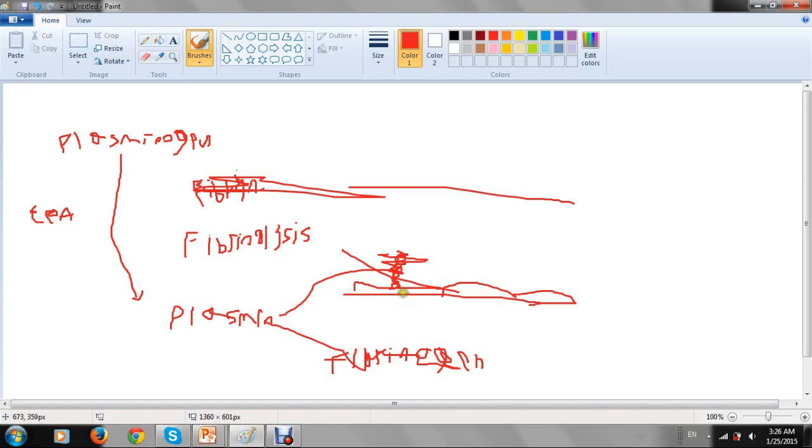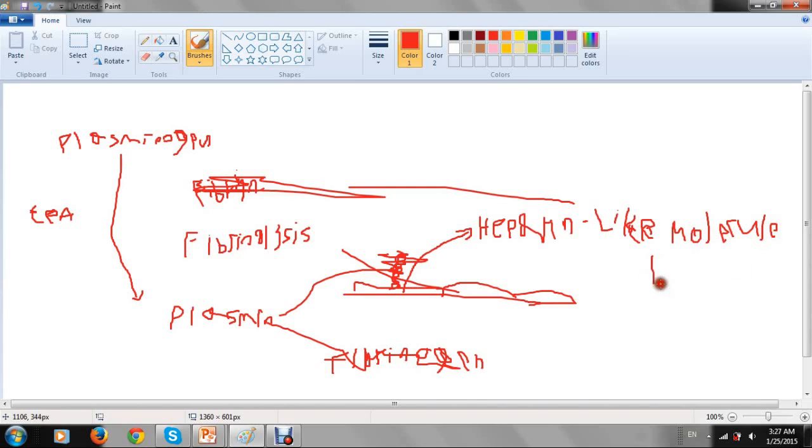So whenever endothelial cells want to help in the process of fibrinolysis, basically you release something called a heparin-like molecule, and this heparin-like molecule can activate antithrombin 3.